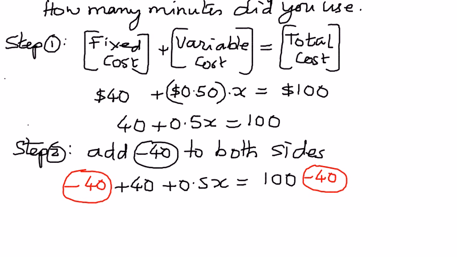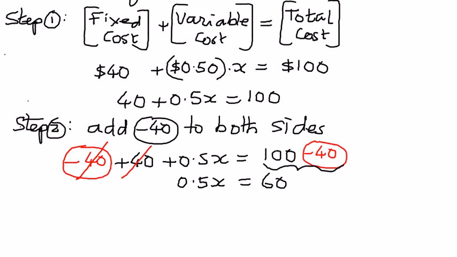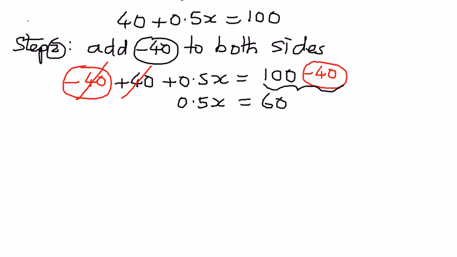Since we have a positive 40 and negative 40 on the left hand side, these cancel out, leaving us with 0.5x is equal to, we can simplify this, 100 minus 40 is equal to 60. Since we want to find the value of x and not 0.5x, we want to use one more property to achieve that. So we'll write that in step number 3.